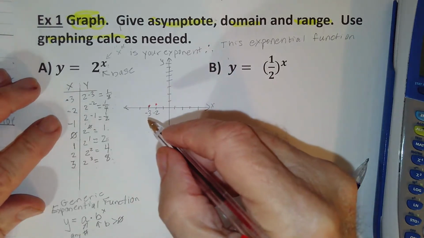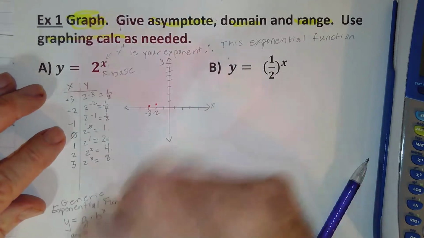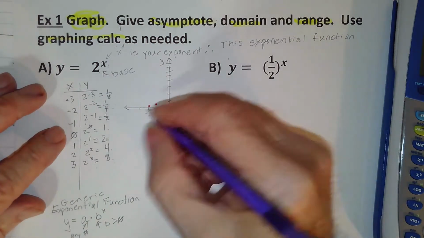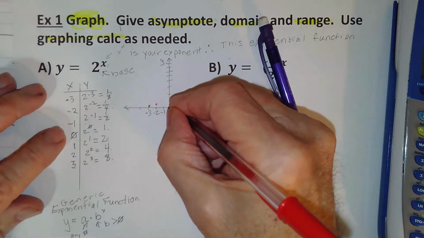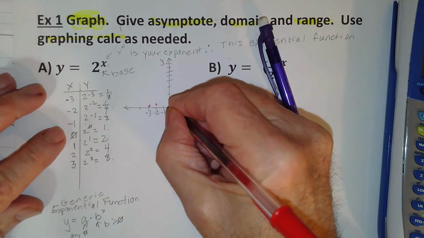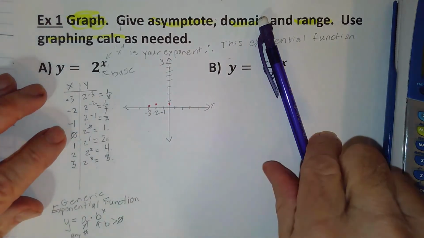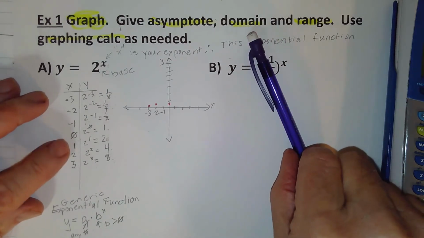And then we get -1. So at x is -1, y is 1/2. I know this is not very kosher here. It's a little bit off, but it's roughly there. And then let's go to 0.